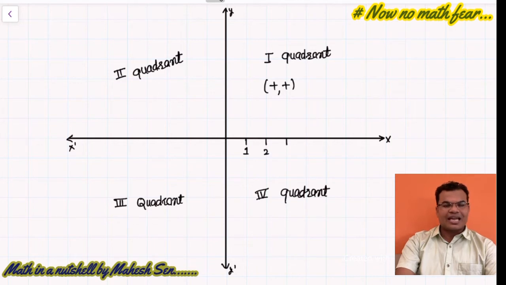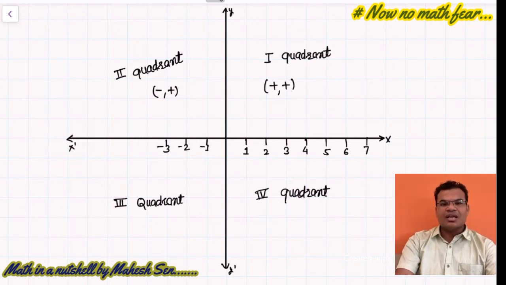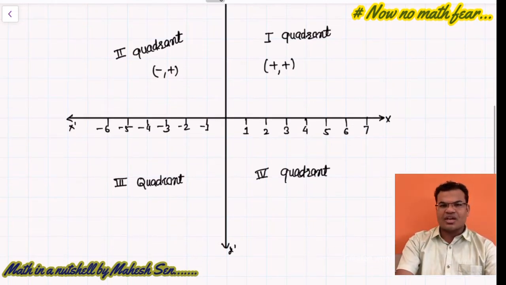The second quadrant is between x dash and y, and any point lying in this quadrant always has the signs minus comma plus. Similarly, the third quadrant is between x dash and y dash.